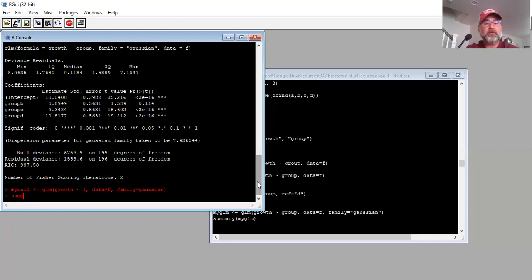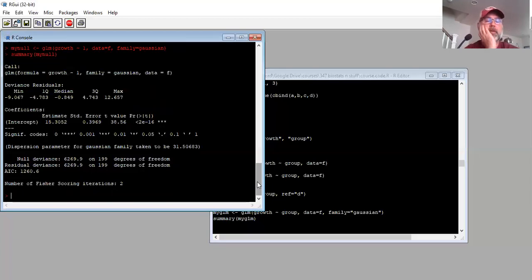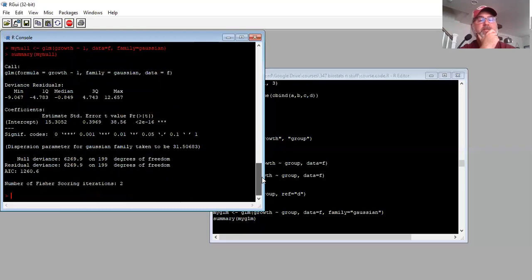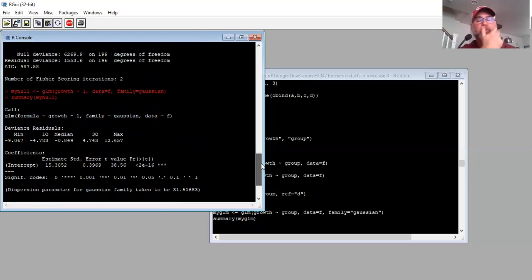So let's do summary my null. All right, and so the AIC is 1,260.6, and the AIC with our treatment was 987. And if you remember, if the difference was 2, they'd be pretty close. If the difference is 4, there's more evidence. We're getting close to getting rid of the intercept.